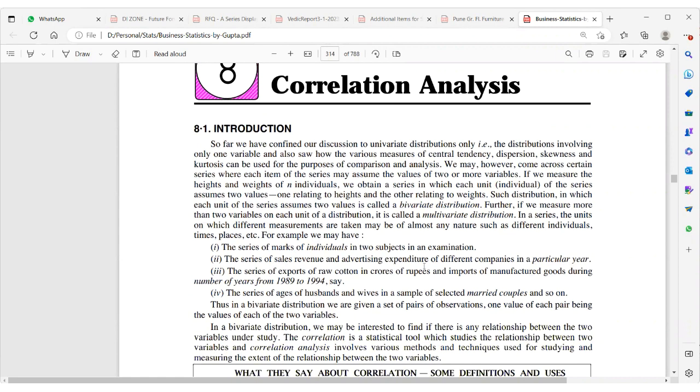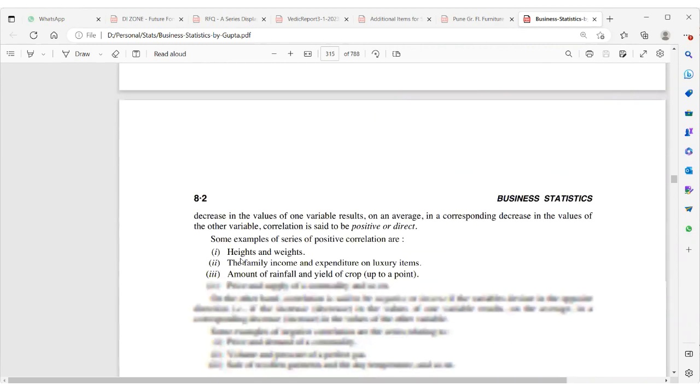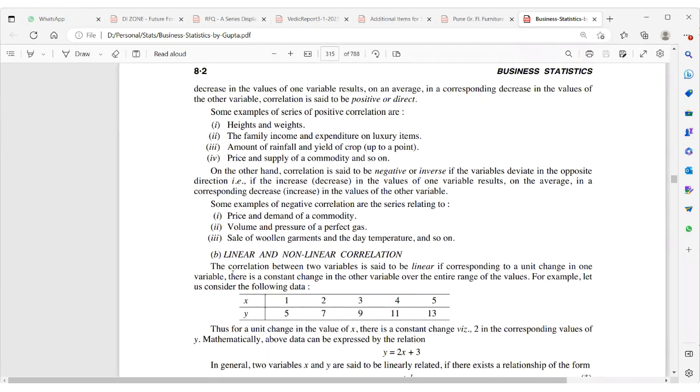See, now what exactly is correlation? Let me take two series. One is rainfall, the other one is temperature. If the rainfall increases, then the temperature decreases. So if one series is increasing, the second is decreasing.